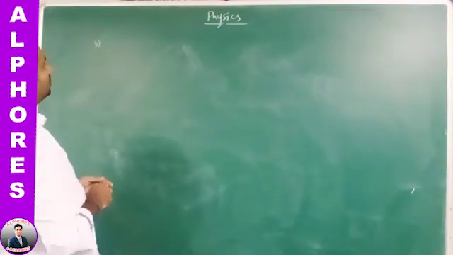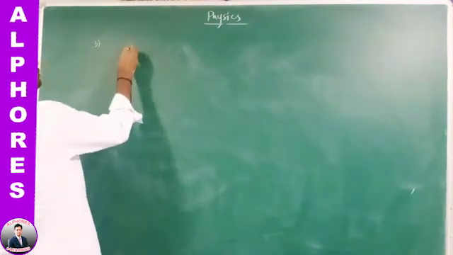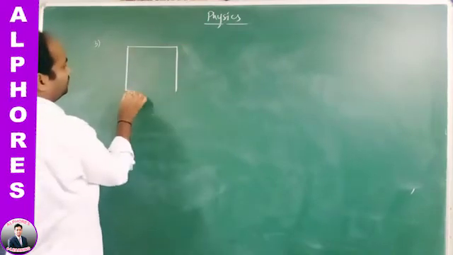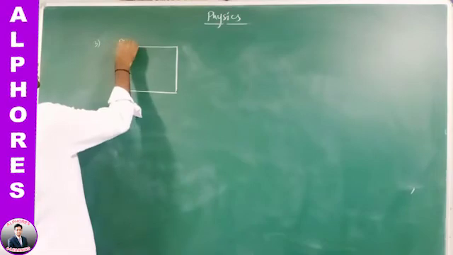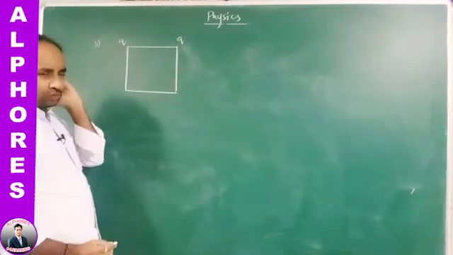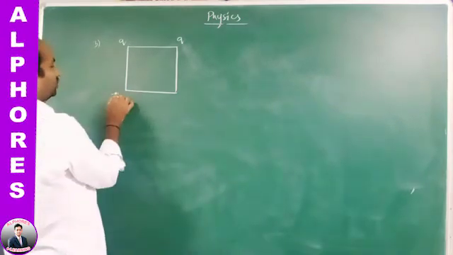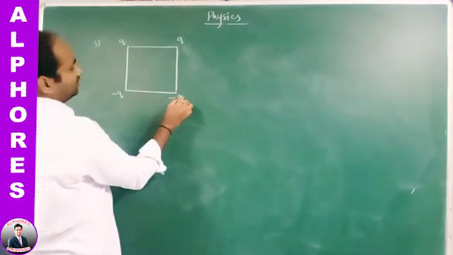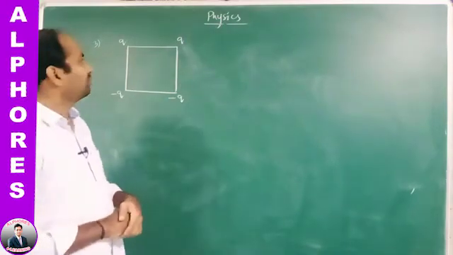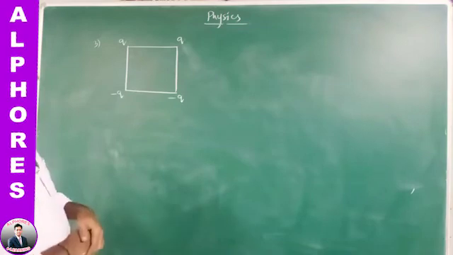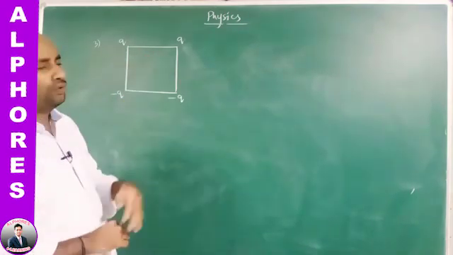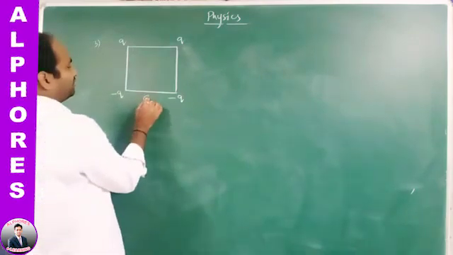If 4 charged particles are kept at the corners of a square: 2 positive charges, plus Q and plus Q, and 2 negative charges, minus Q and minus Q, are kept at the 4 corners of a square of side A.